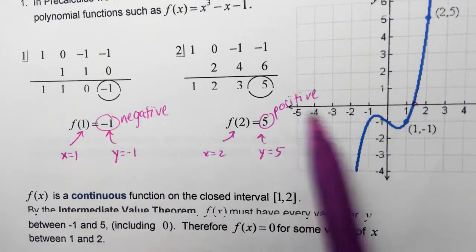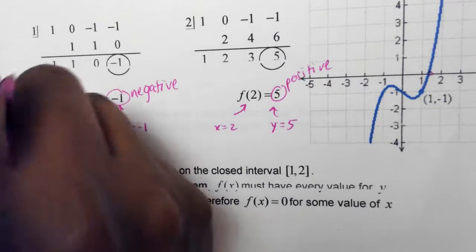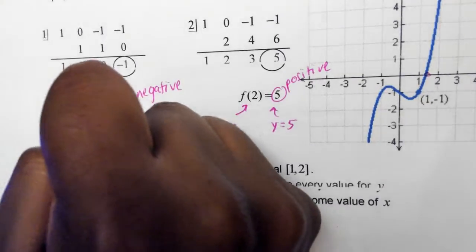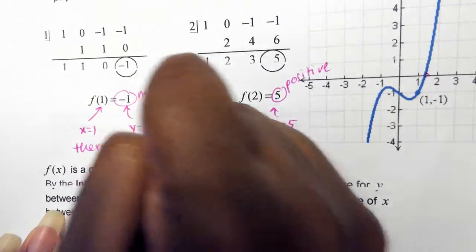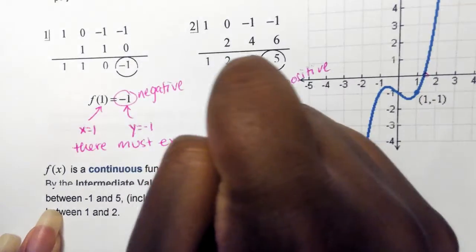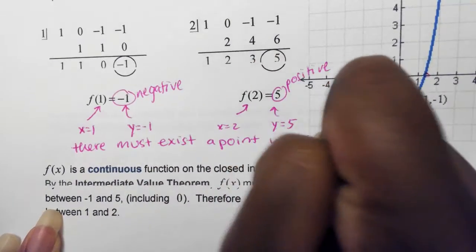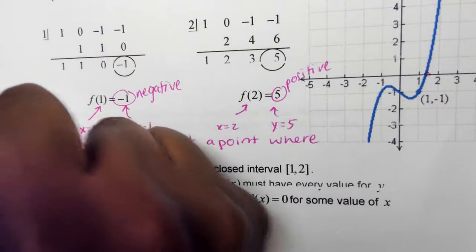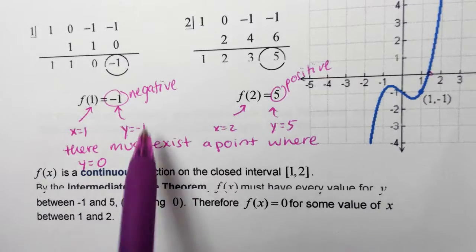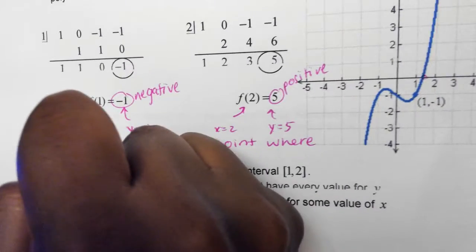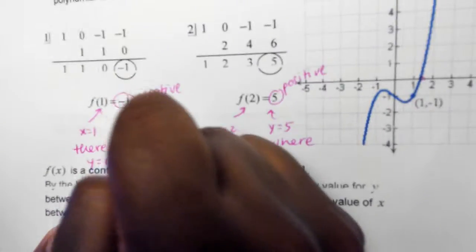So based on these two pieces of information and the intermediate value theorem, we know that there must exist a point where y equals 0, because my y is going from negative to positive, and x equals c.